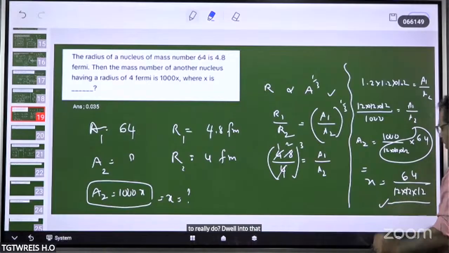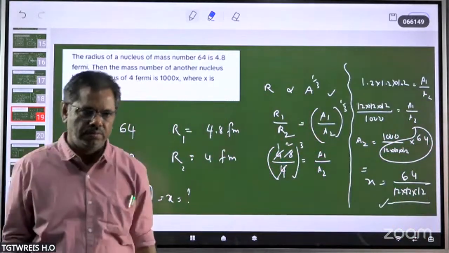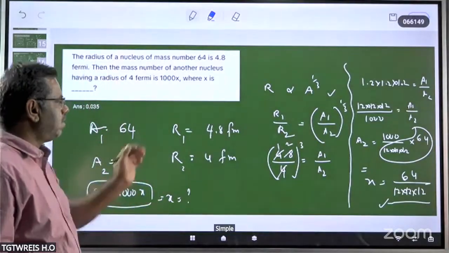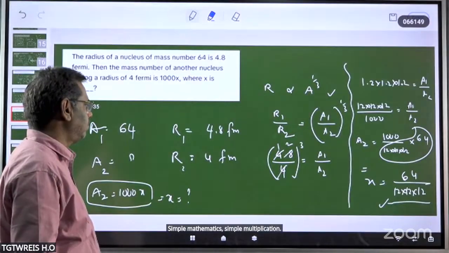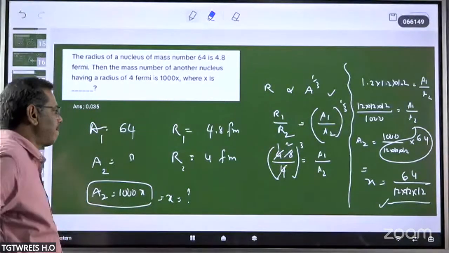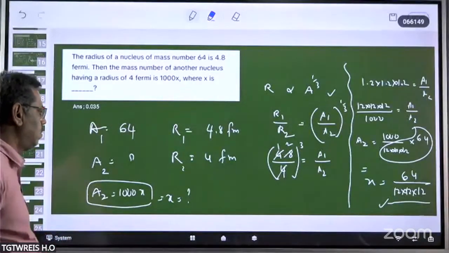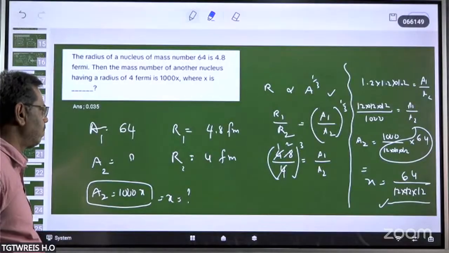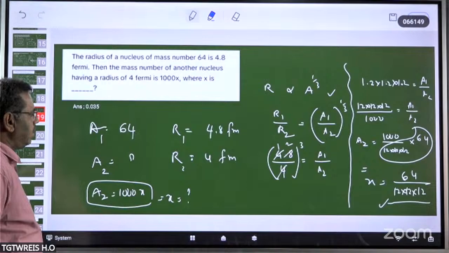Do it, you will get the answer. Simple mathematics, simple multiplication. We come to the next problem then.